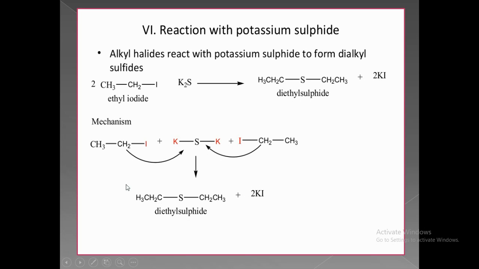The addition product that we will get is CH3 CH2, then S bound with the CH2, and here also CH2 CH3. So the diethyl sulfide molecule can be generated by the reaction with potassium sulfide.